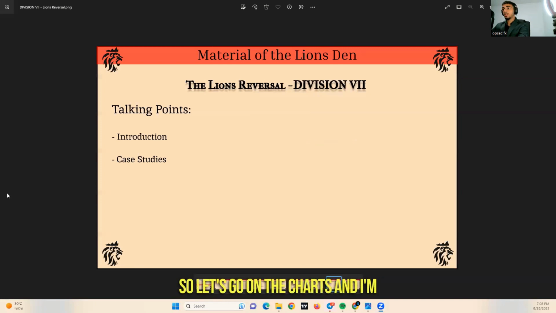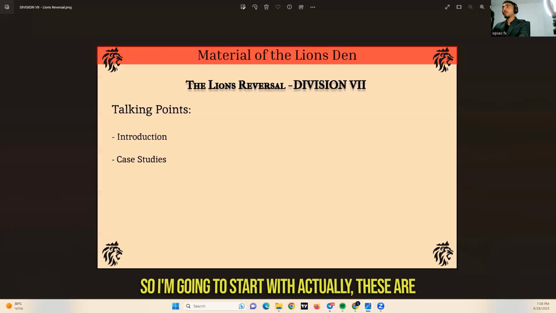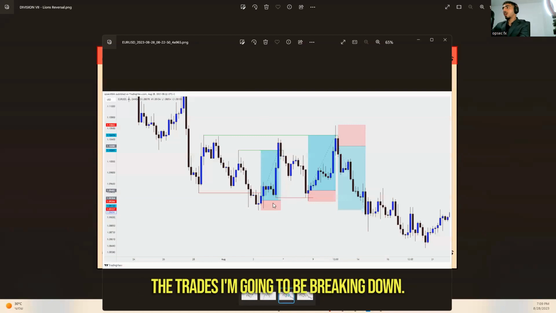So let's go on the charts, and I'm going to show you where I apply this. Okay, these are the trades I'm going to be breaking down.